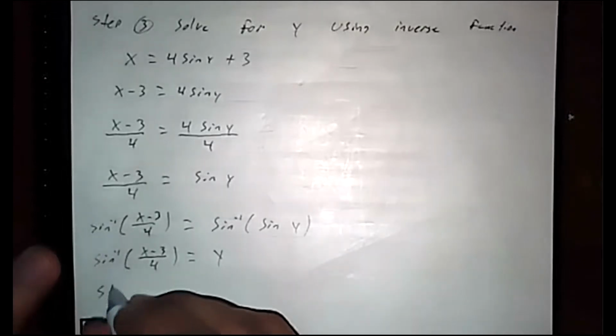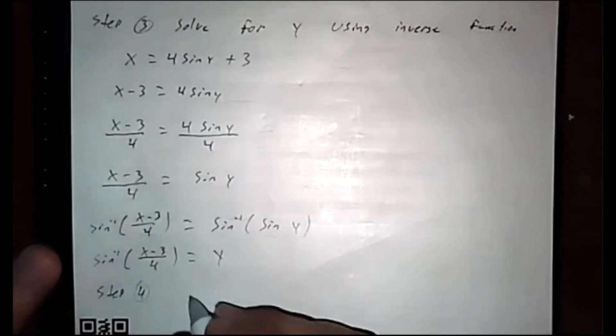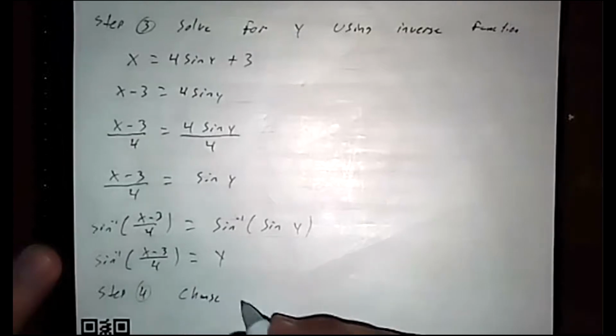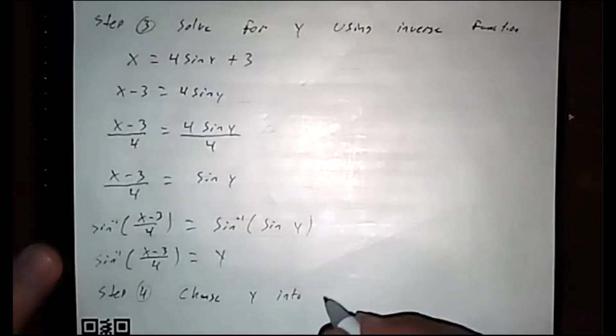Step 4, change y into f inverse. So the answer will be f inverse of x equals sine inverse of (x minus 3) over 4.